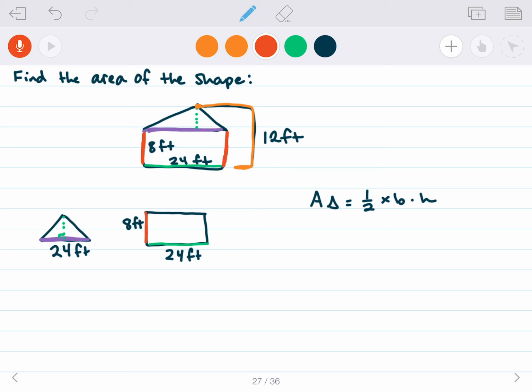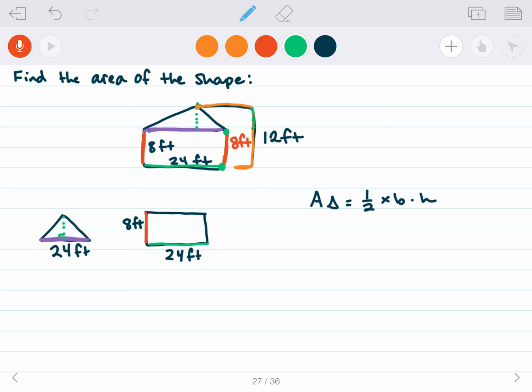This height, since it's part of the rectangle, is across from 8 feet. So that piece is 8 feet. Since we have the height from the very top to the very bottom, and the height from here to here, if we take the difference in those heights, it's going to give us just this little piece right here, which is the height we're looking for.